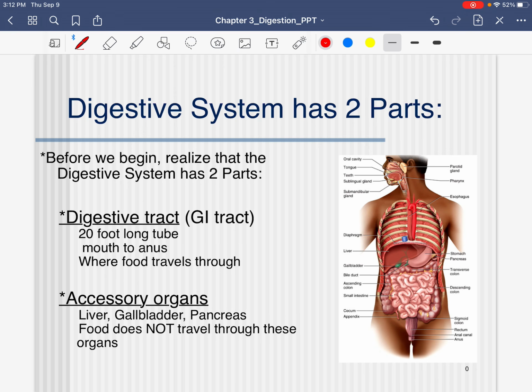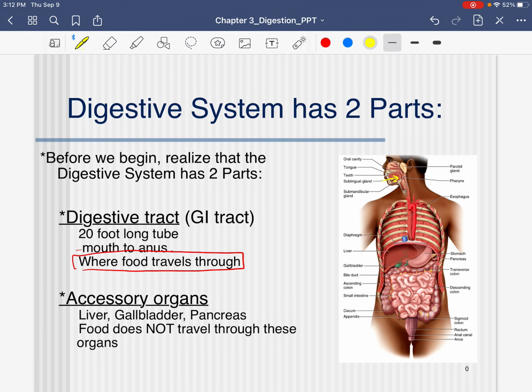All right, it's important that we first define, well, what on earth is the digestive tract? The digestive tract is the organs from the mouth at one end all the way to the anus at the other. These are the successive organs that food travels through, because it's an open-ended tube on both sides. So food enters through our mouth.